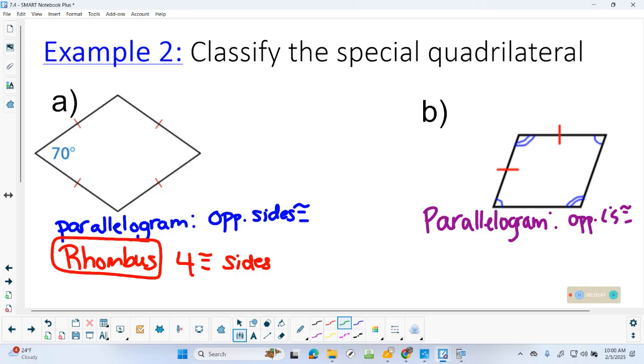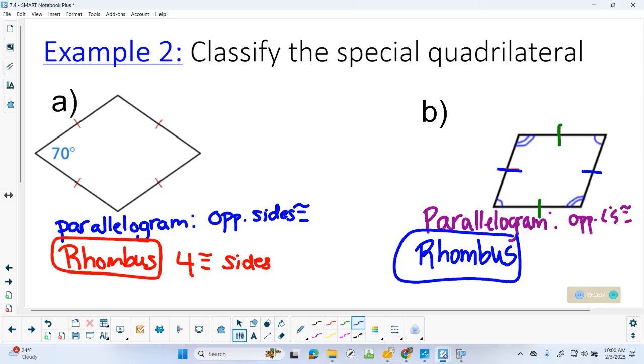Now, we already said it's a parallelogram, right? So if it's a parallelogram, aren't both pairs of opposite sides congruent? So the top is congruent to the bottom, and the left, tricky, congruent to the right. I'm going to ask you now again, is it a rhombus? Yes, because all four sides are really congruent. That was a sneaky one.